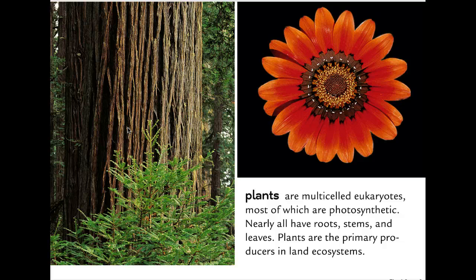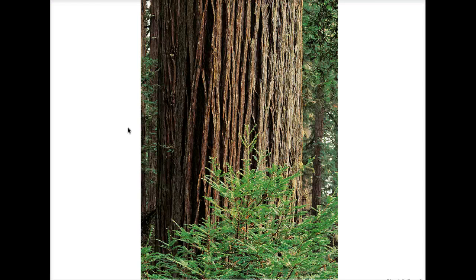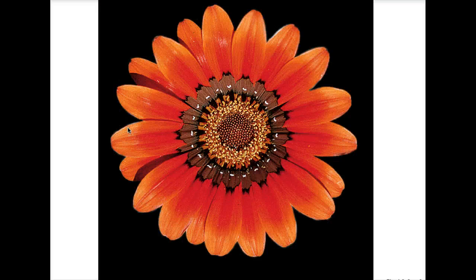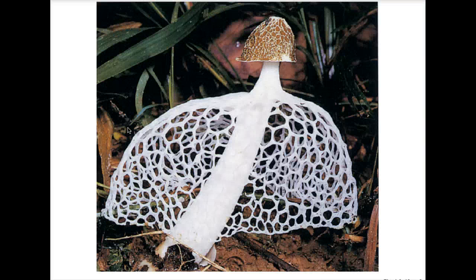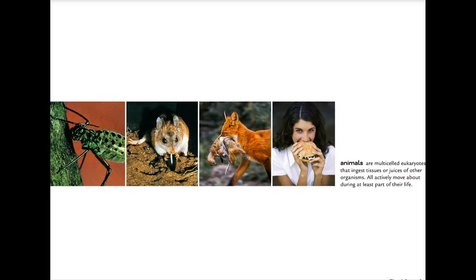Plants are another type of eukarya. They're multicellular structures, and they are based upon the cellular structure known as a plant cell. Fungi are also eukaryotes, as are organisms of the animal kingdom.